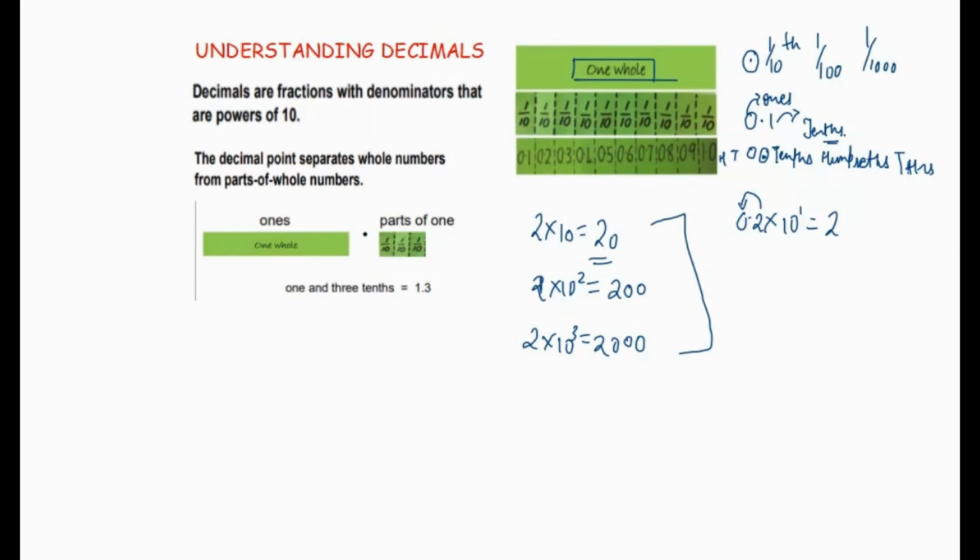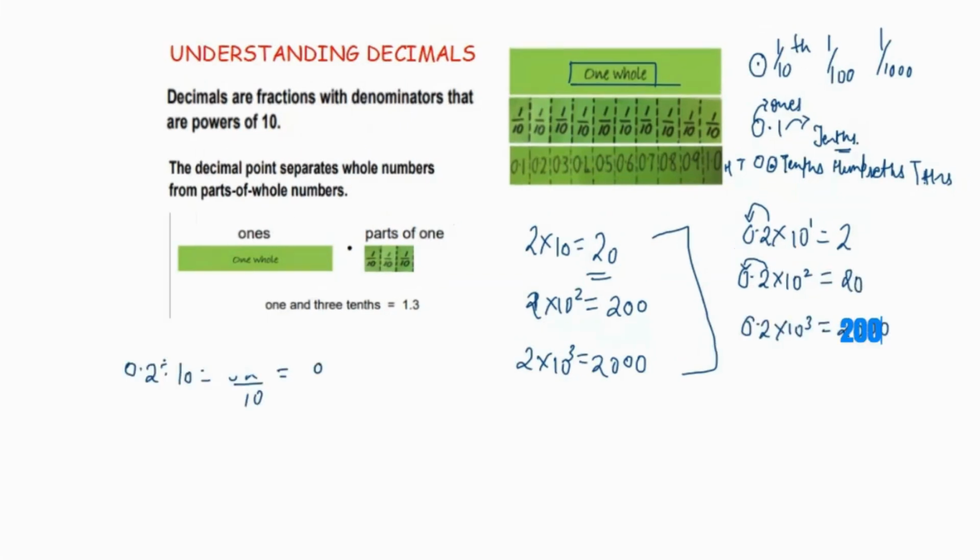If I go with 0.2 into 10 to the power 2, the value will move two places, that is 20.